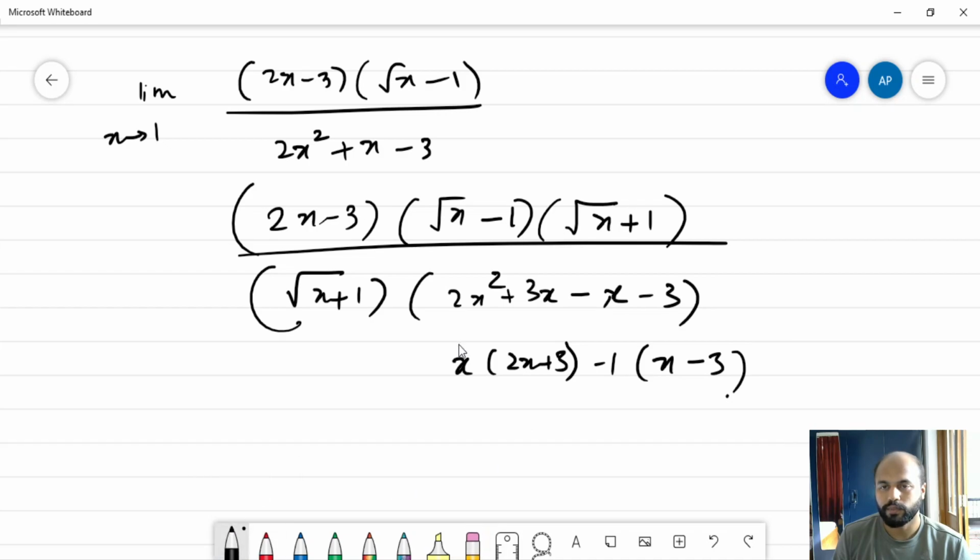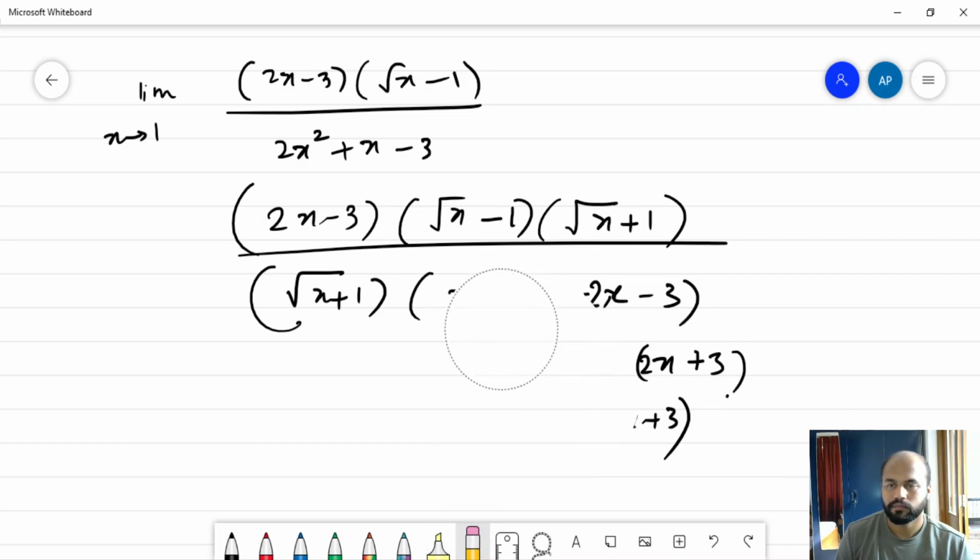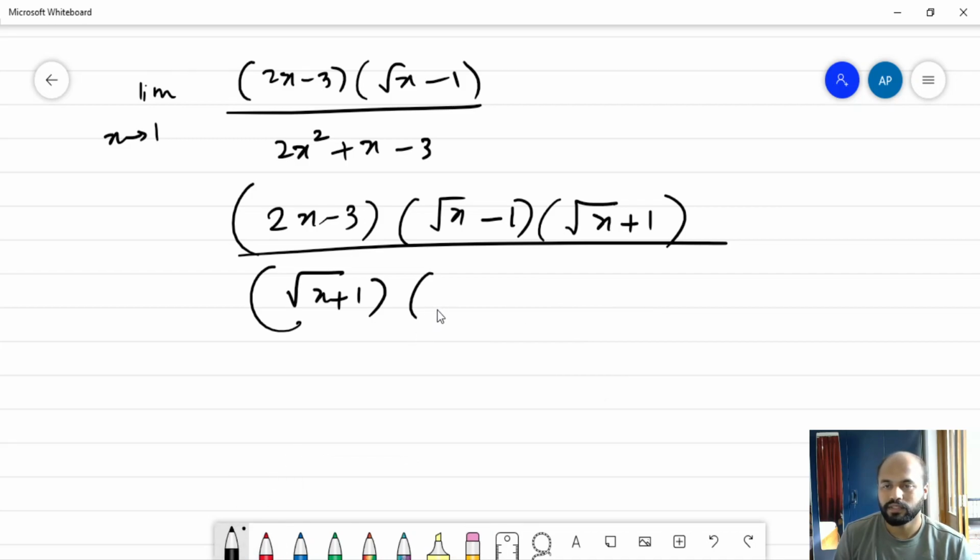So of course this has to be written as 3x and 2x, because the product is going to be 6, and then we're going to get 2x plus 3 over here. So the factorization is going to be x minus 1 and 2x plus 3. So let's write it in that form. So this is going to be x minus 1 and 2x plus 3.